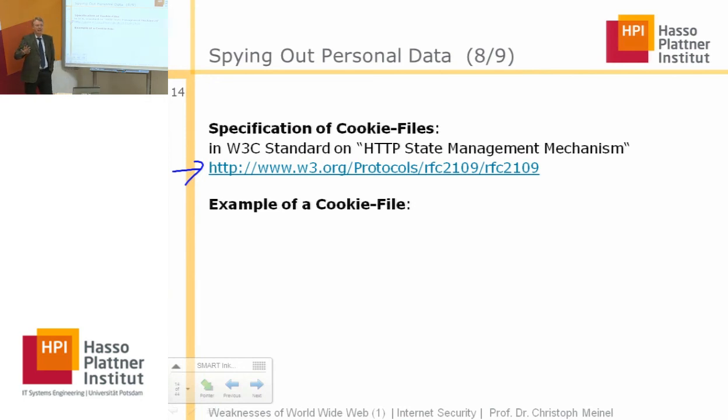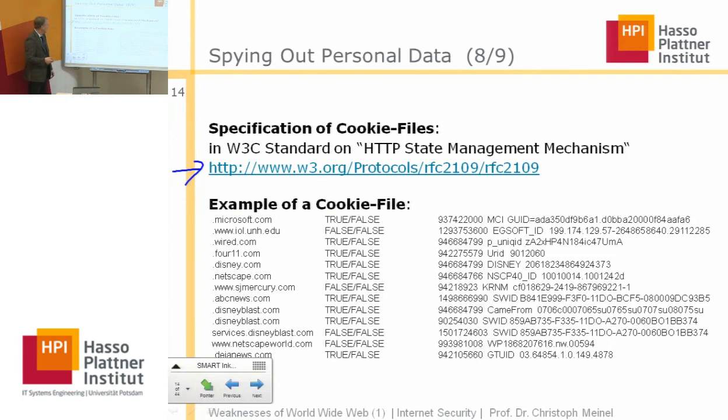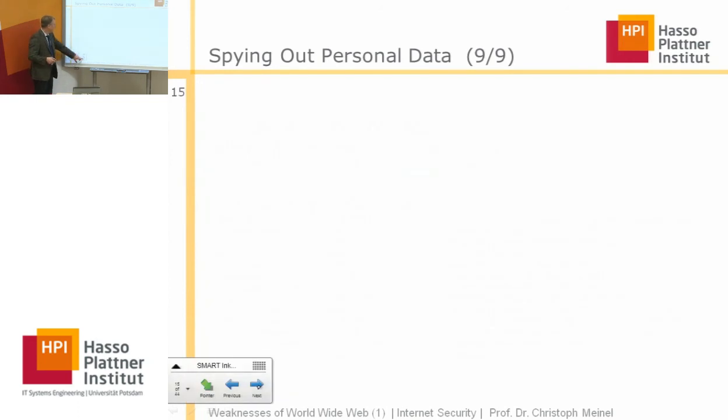Originally the cookies were invented by Netscape, but it was a very functional tool, so meanwhile it's standardized so that everyone can use it. The example of such a cookie file looks as follows. Here you have the server name, and then the details that help the server to remember the interaction with the client.